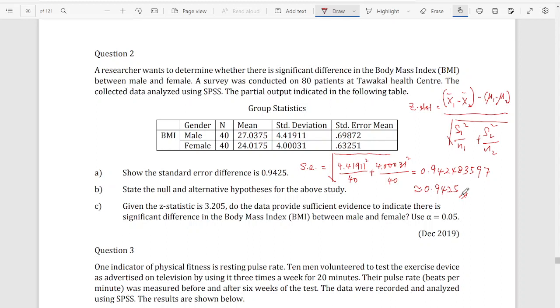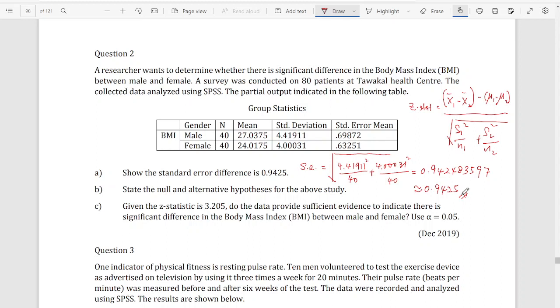Okay, itu untuk yang pertama dia suruh buktikan dia punya standard error difference bersamaan dengan nilai tersebut. Okay, you have to know which formula that you have to use based on the given information, based on the data available.